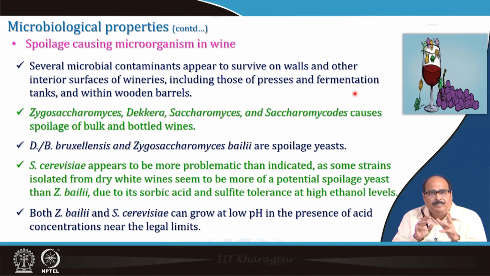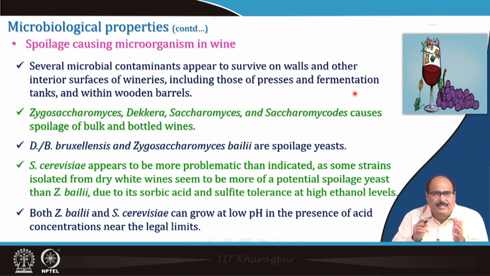Then again, the spoilage caused by microorganisms in wine, this aspect we had also discussed earlier. Several microbiota contaminants appear to survive on the walls and other interior surfaces of the wineries, including those of presses, fermentation tanks and wooden barrels.